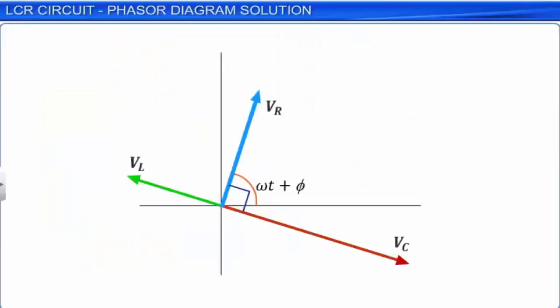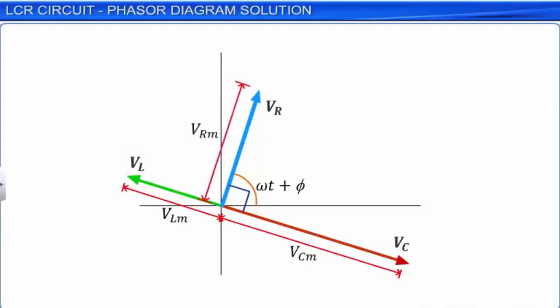The amplitudes of the potentials across the capacitor and inductor are VCm and VLm respectively, and are at a phase difference of pi by 2 from that across the resistor, that is VRm, and they lie on the same line on the phasor diagram.